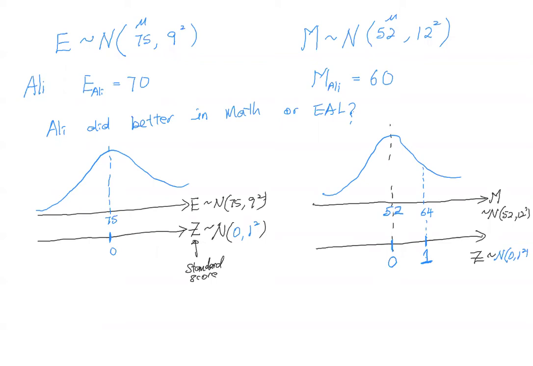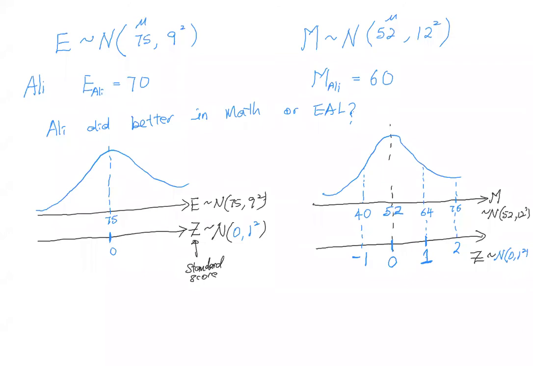Look, 64 plus 12 will be 76, then your standard score will be 2. That is how you scale. If your maths score is 40, then your standard score will be -1.